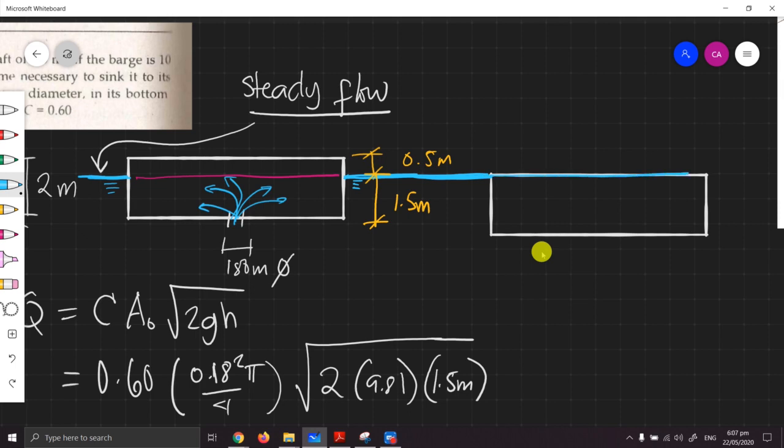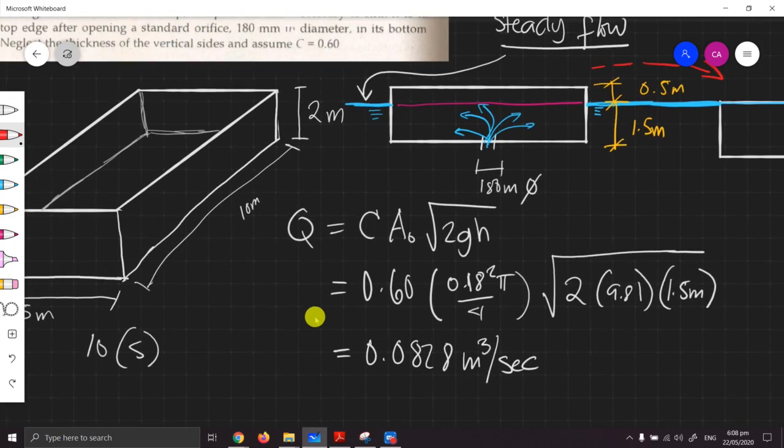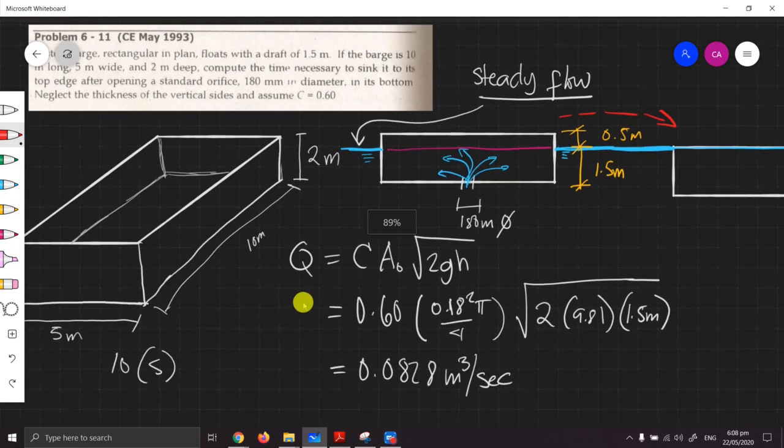From scenario na nasa kaliwa, papunta sa senaryo na nandito sa kanan, yung sakto na pagbaba. So ibig sabihin nun, the volume required is equal sa ano ba yung area ng ibabaw natin? 10 by 5 times ano yung height? 0.5 equals to 25 cubic meters.